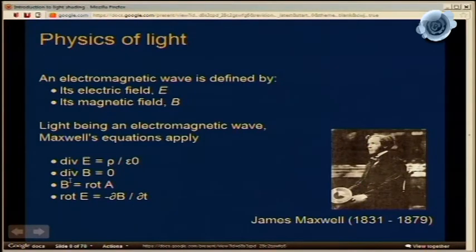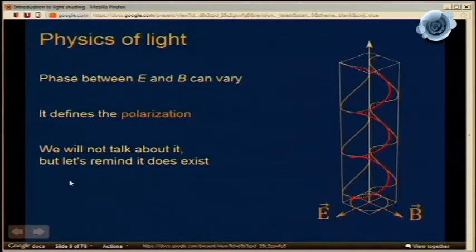It's described by Maxwell's equations, which describe the relation between E and B. So you have this oscillation between E and B, and the manner in which it oscillates makes a phase, and this is what defines the polarization, meaning that depending on the phase, you can have your light making a circle one way or a circle the other way or anything in between. We're not going to talk about this, but just to remind you that this stuff exists, and it's pretty interesting.